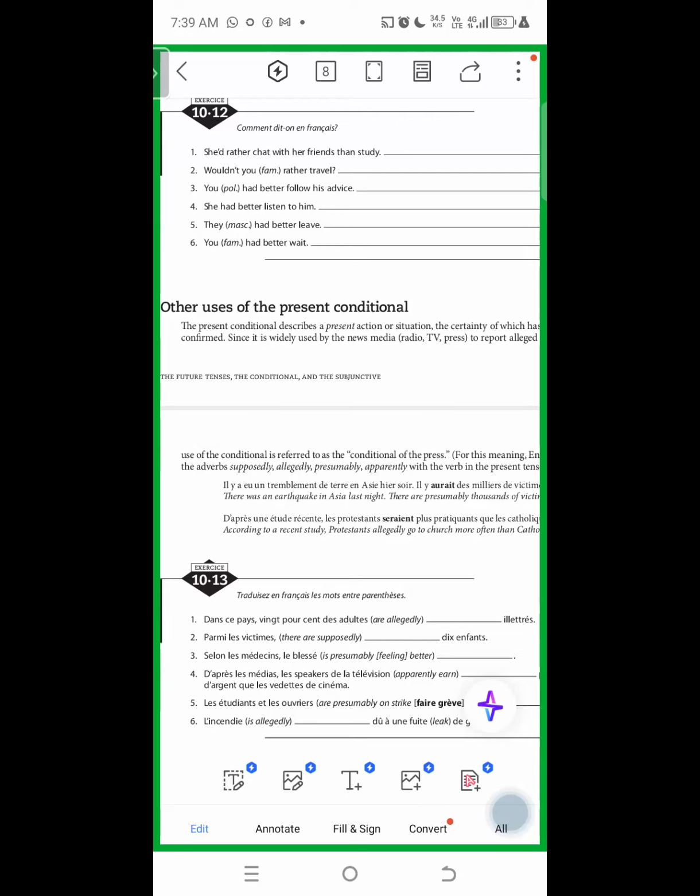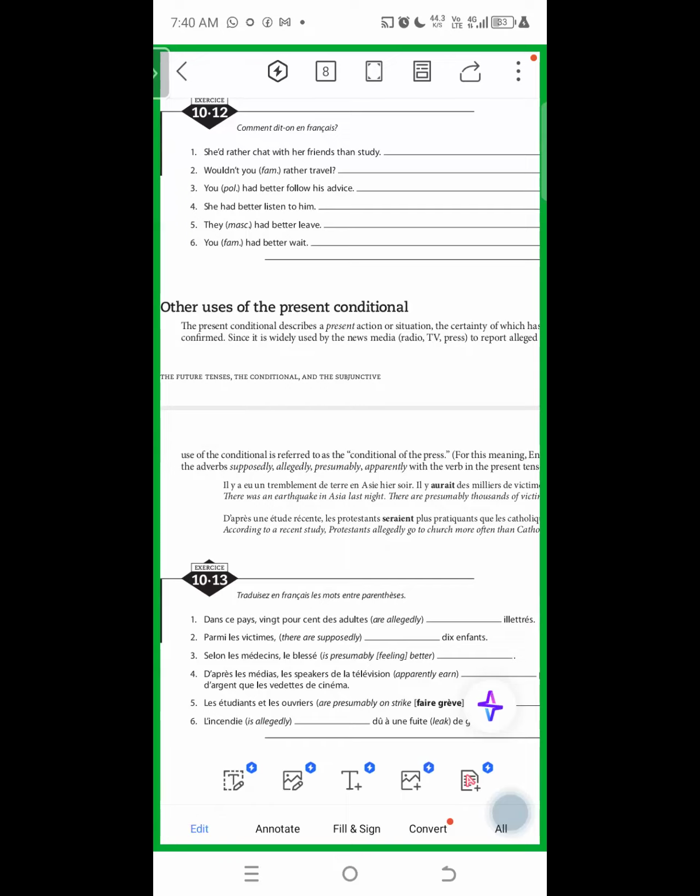You had better follow his advice. Je ferais mieux de, oh là, follow. Suivre. Suivre ses conseils. His advice.